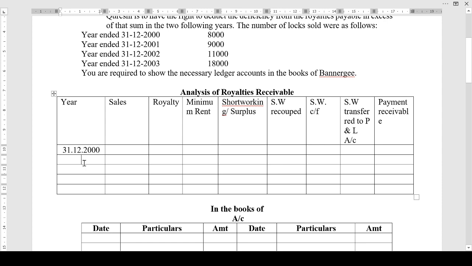We'll write in all the information that's given to us. Then we have 31st December 2001, 31st December 2002, and 31st December 2003.